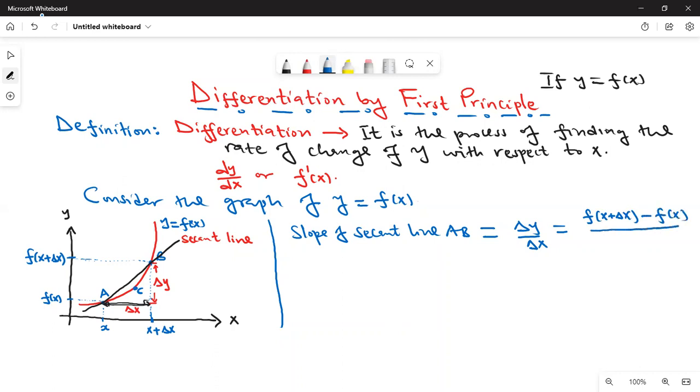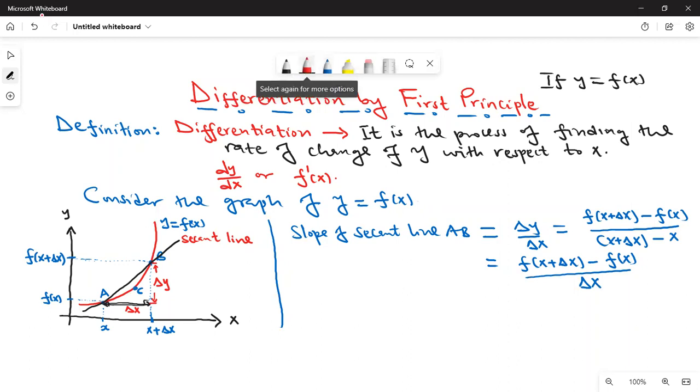And our change in x will be x plus delta x, then minus x. When you simplify, you are going to get f of x plus delta x minus f of x, everything over delta x.